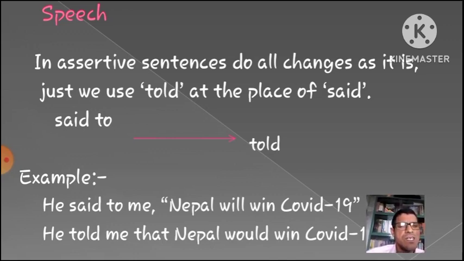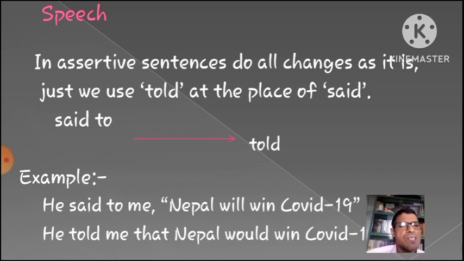Whenever changing direct speech into indirect speech, if the sentence is an assertive sentence, in the same way, say to can be changed into tell, and says to can be changed into tells.